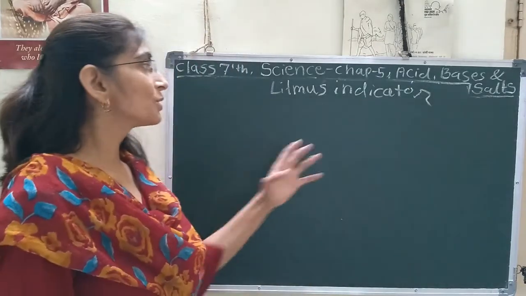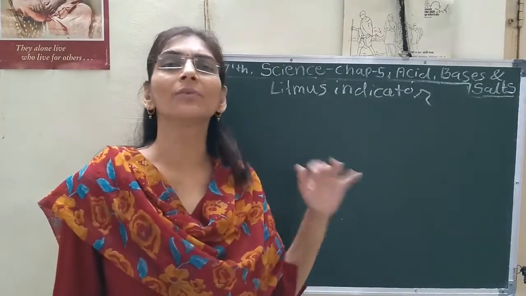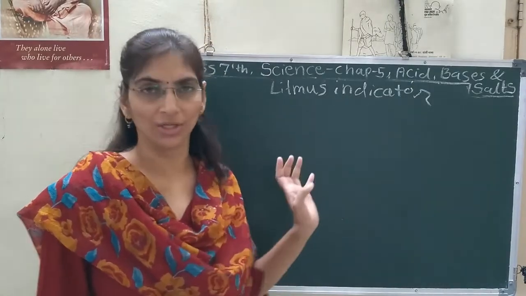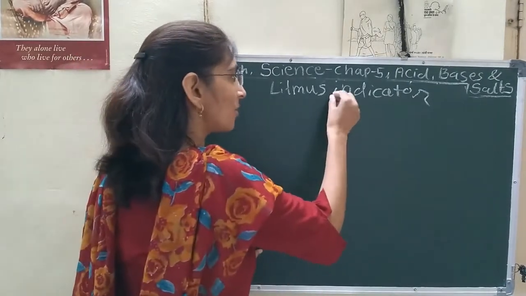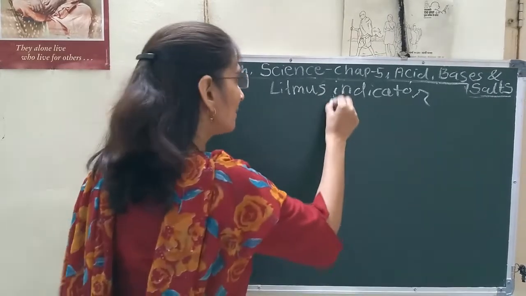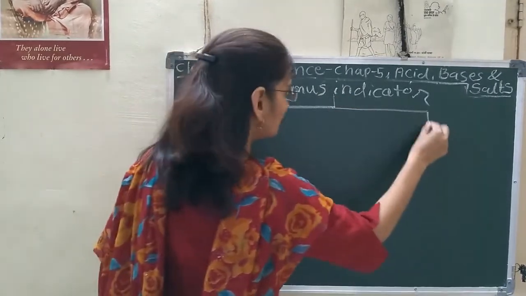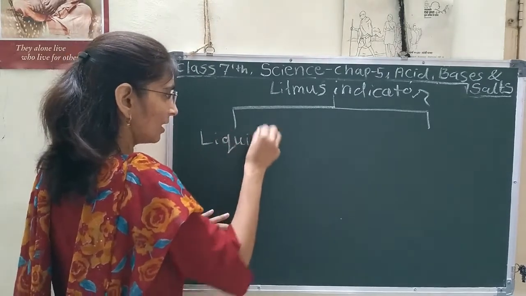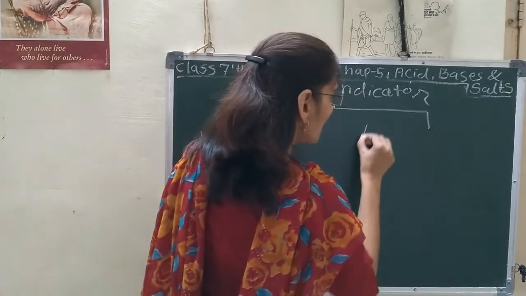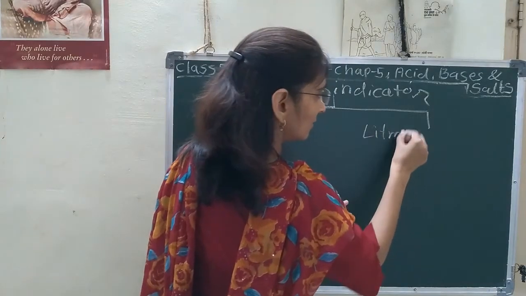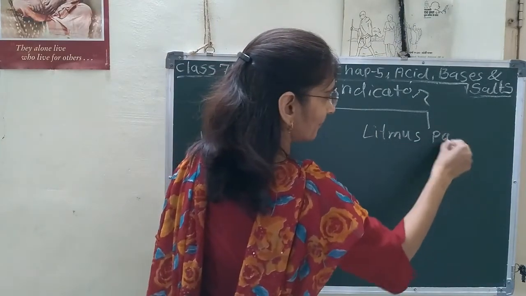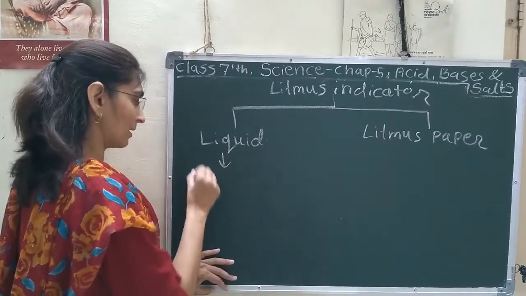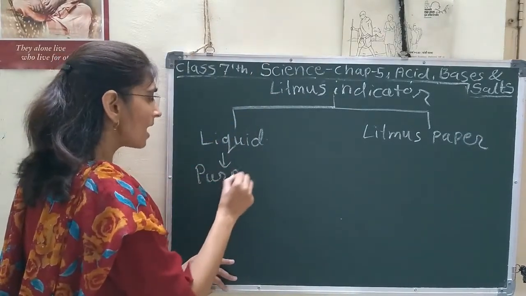This indicator is available in the form of litmus paper and also in the form of a liquid solution. This liquid is of purple color.